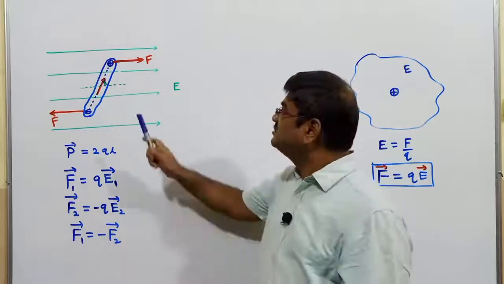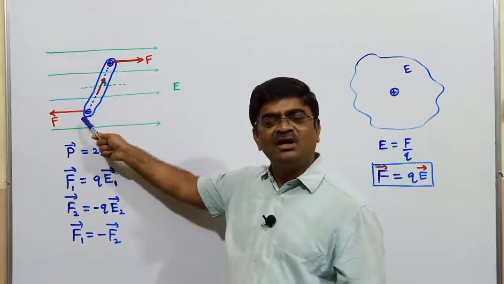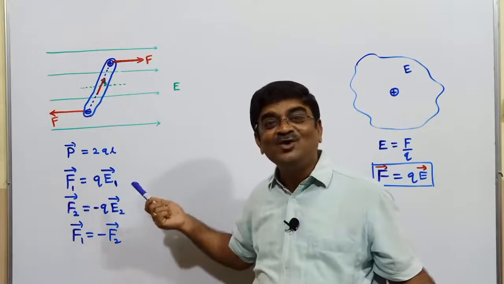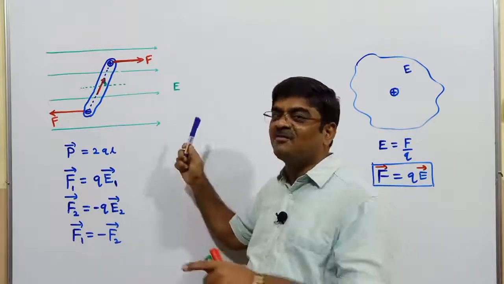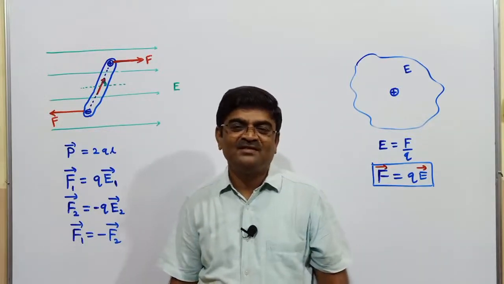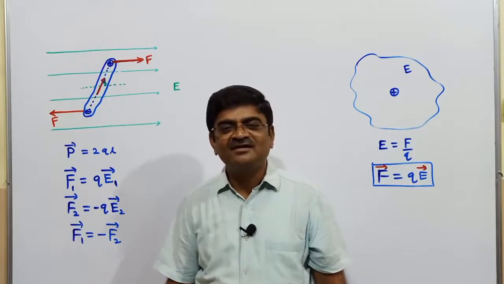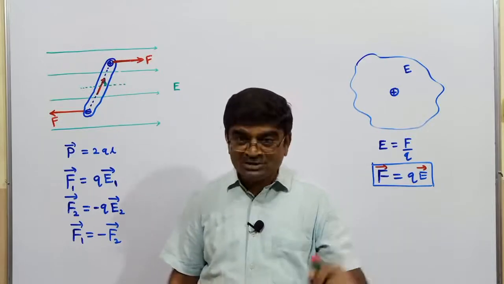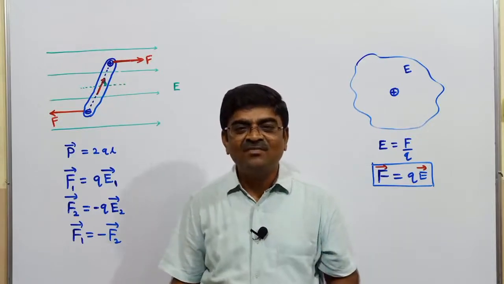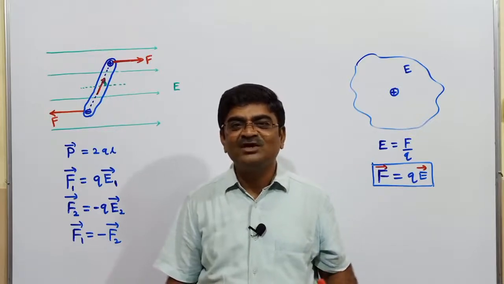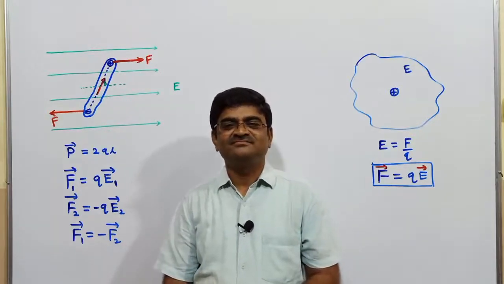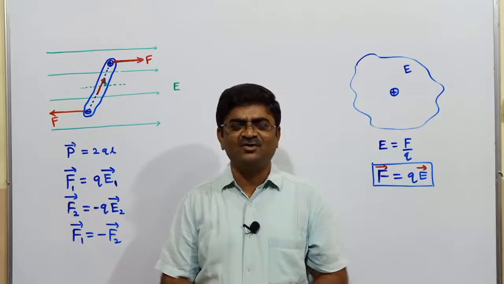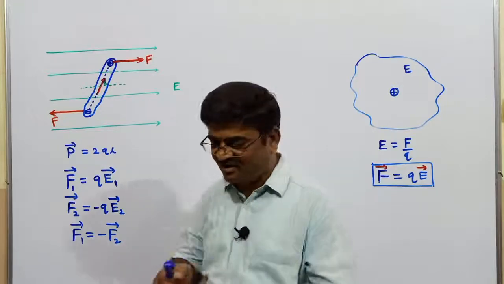These two forces acting on the dipole are not along the same line, so naturally they are going to produce a rotatory effect in the dipole. Such rotatory effect produced in any rigid body is accounted for in terms of one physical quantity which we call a torque. So students, let's go ahead to understand torque on a dipole in the electric field.